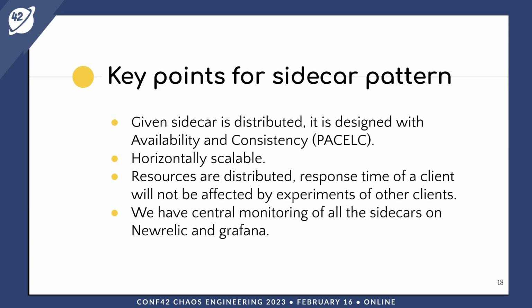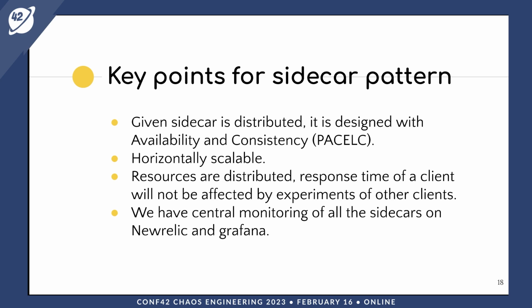We had a survey with our clients and we decided to go ahead with this. We do not have the option right now to configure the sidecar to support both consistency and latency with a configurable value. Right now, sidecar just supports availability in case of network partition, else consistency.